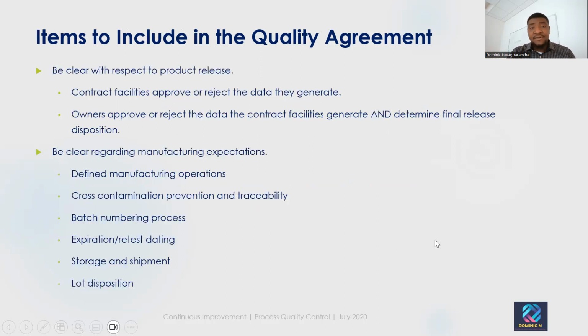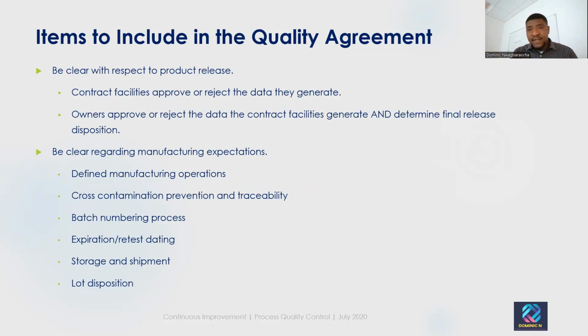Okay. So this is the great importance of why we need to write the quality agreement and align on it before we start business. Be clear with respect to product release. I've been using this example of the liquid soap manufacturer, right? The liquid soap manufacturer has made the batch for me, could be in bulk, or maybe we agreed that they could make it into bottles. Who releases the product?